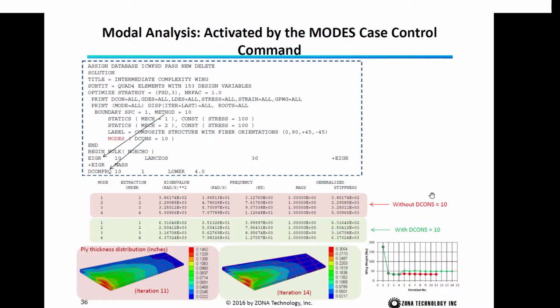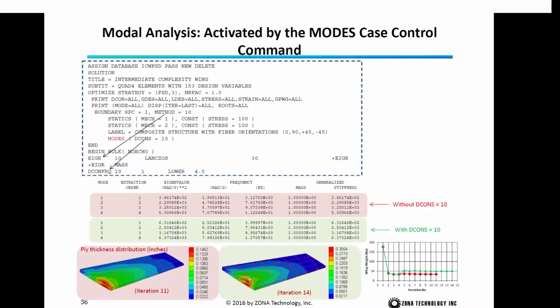If you don't impose the natural frequency constraint and optimize the structure, it takes about 11 iterations, and the lowest natural frequency is about 3.1 hertz. This is the optimized structure without the frequency constraint.